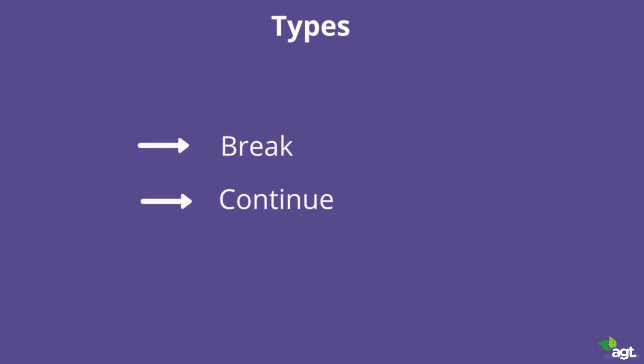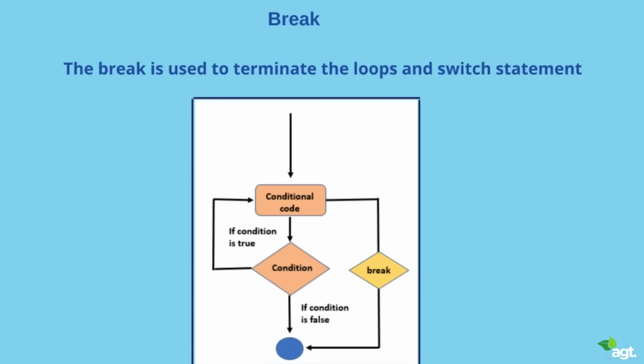You have already seen the usage of the break keyword in the switch, where after each case and default we have applied this break keyword in order to terminate the switch statement. Very similarly, we will be using this break keyword to terminate the loops as well. When the condition is false, the loop will get terminated.